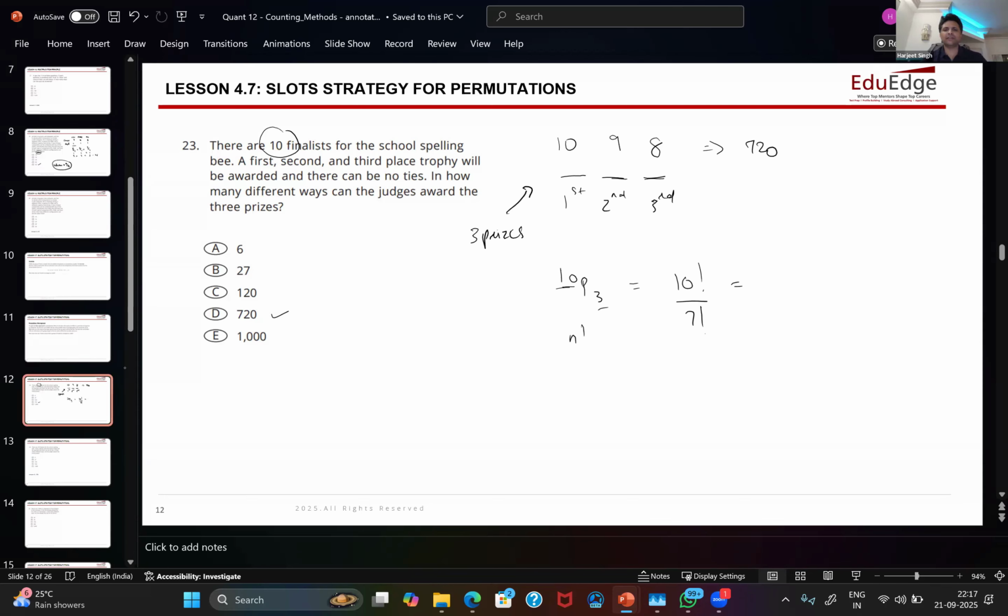because it's n factorial divided by (n minus r) factorial, which is equal to 10 into 9 into 8. Same. Okay. But I prefer the first method. And the only reason is because in complicated setups, you can't generally use this formula.